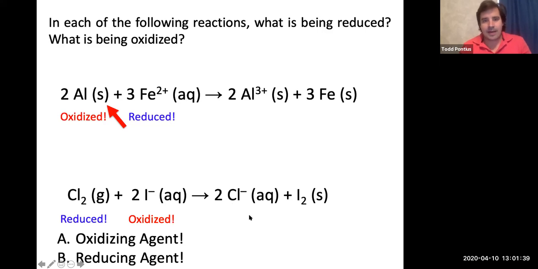So remember, whatever gets oxidized is the reducing agent, so choice B. Very good. And then how about the iron 2+? Is it an oxidizing agent or a reducing agent? Please get your answer in 3, 2, 1, 0. Very good. It is an oxidizing agent.